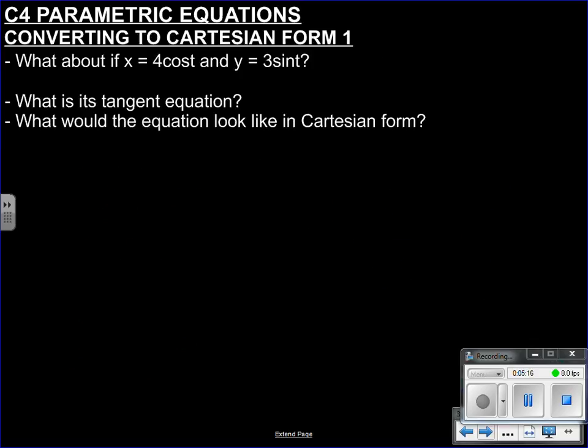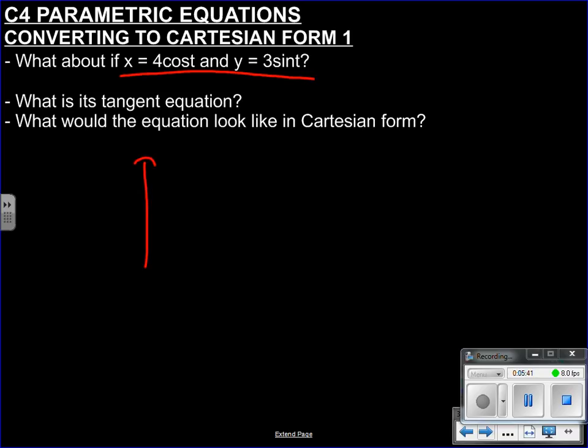Let's try that again. This time I've got x equals 4 cos t and y equals 3 sin t. I don't really know what that is, but this is in parametric form because I've got an extra parameter t, so I've got three variables. What's this thing going to look like?